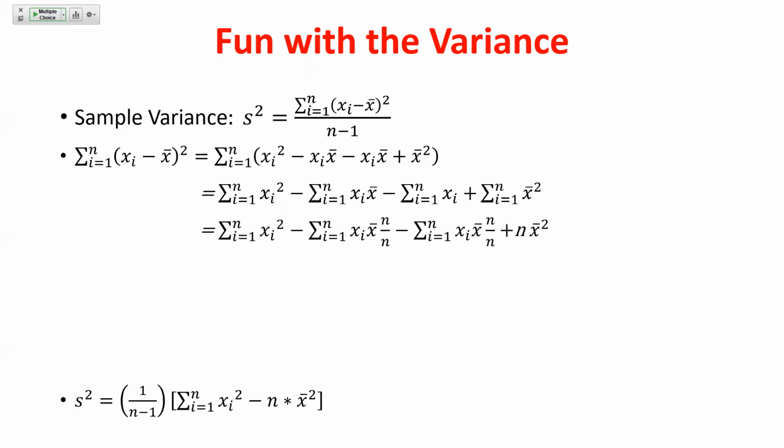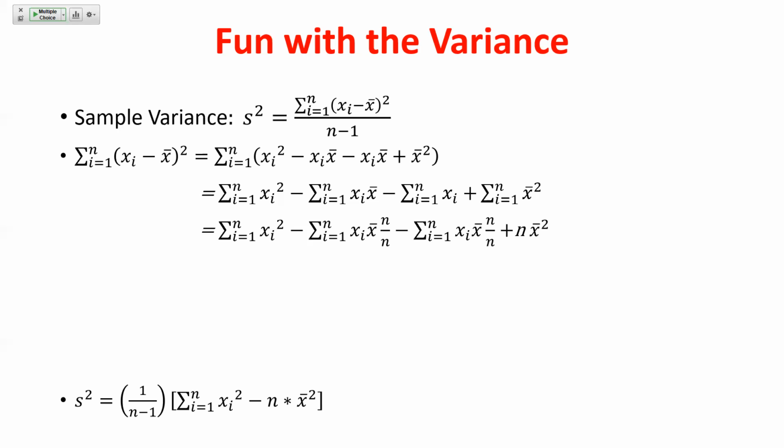So if I add up from 1 to 10, using the summation sign, the value of, let's say, 50, that means I'm going to add 50 up 10 times, or it's just whatever that n is times your constant. So when I do that summation of x bar squared, it's actually the same as just n times x bar squared.